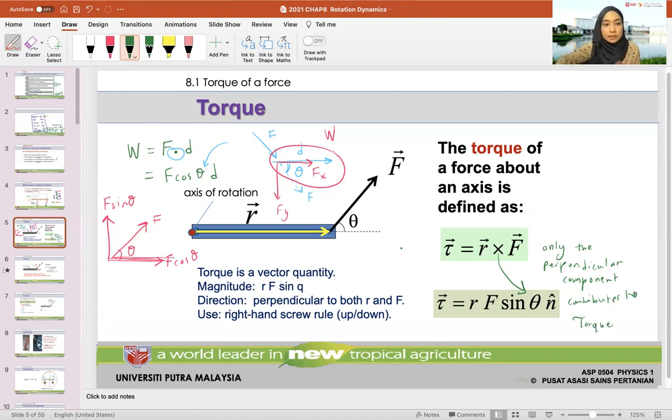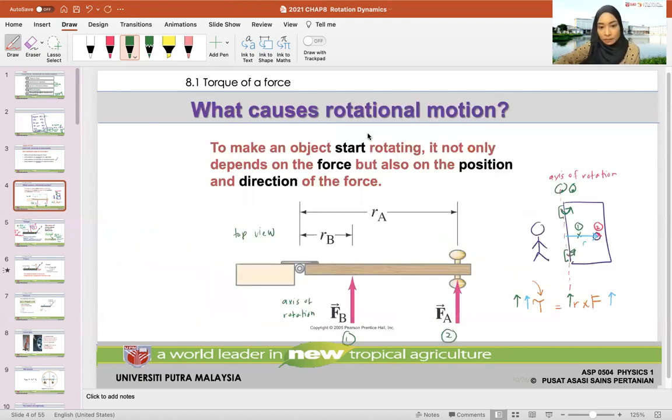Okay, so now let's take a look at the Hazira example. So here, if Hazira applies a force over here, this is my force, and this is my axis of rotation. This is my R. This R goes from the axis of rotation to the point where we are applying force, right?